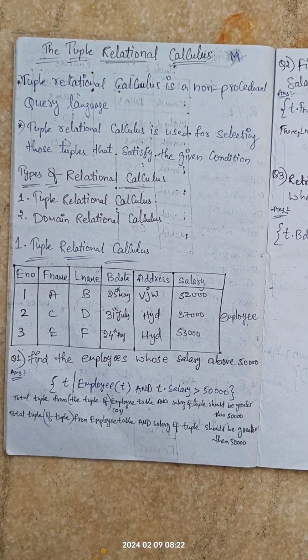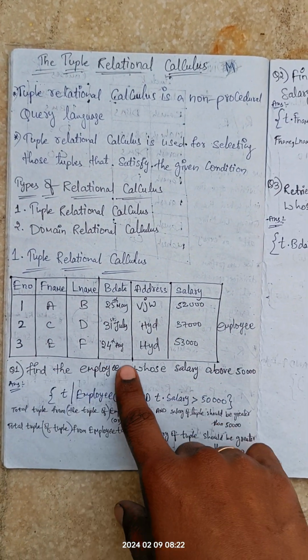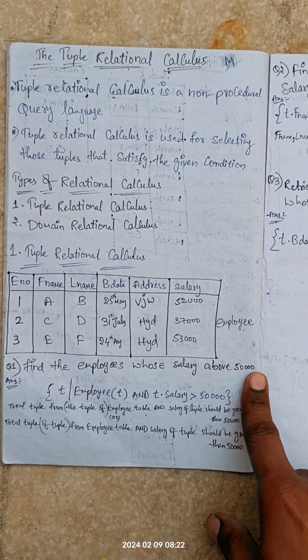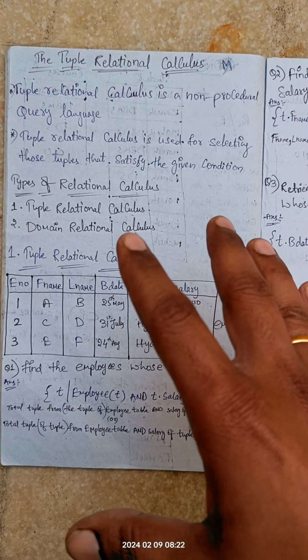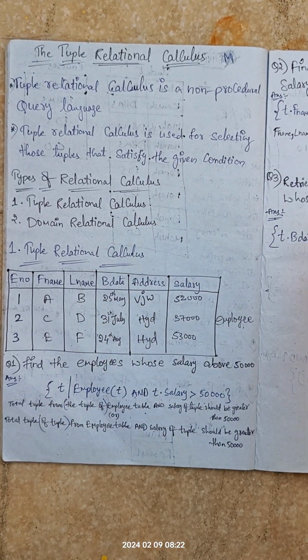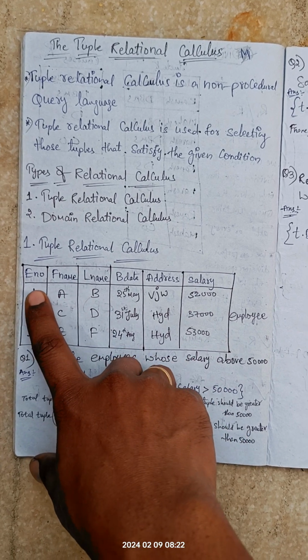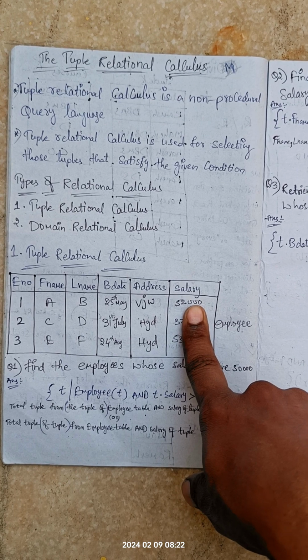So first, let us see: find the employees whose salary is above 50,000. Find the employees whose salary is above 50,000. See, this employee has a salary of more than 50,000.